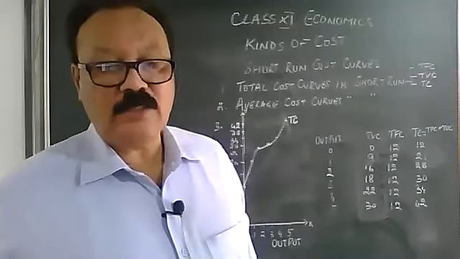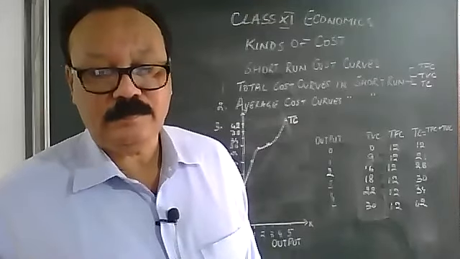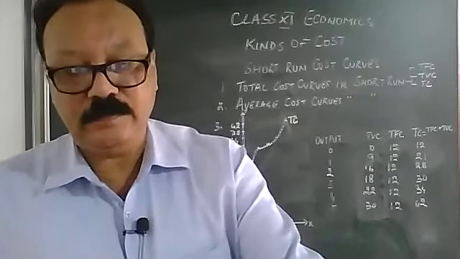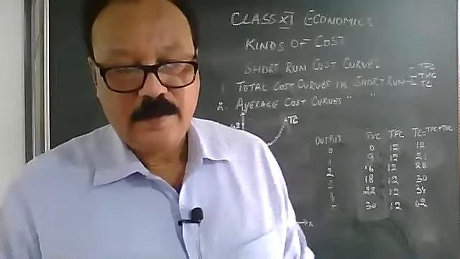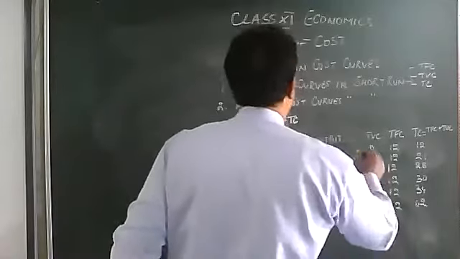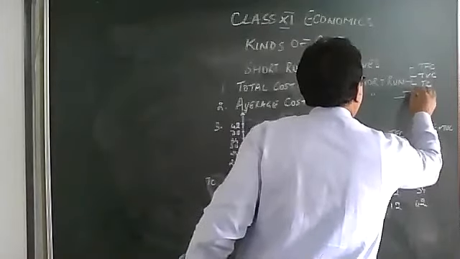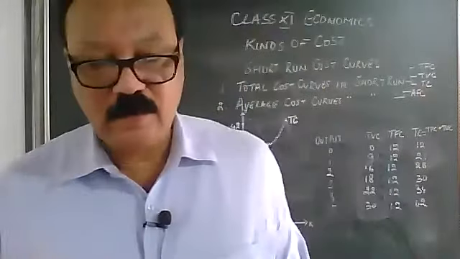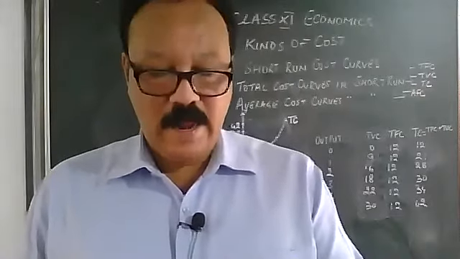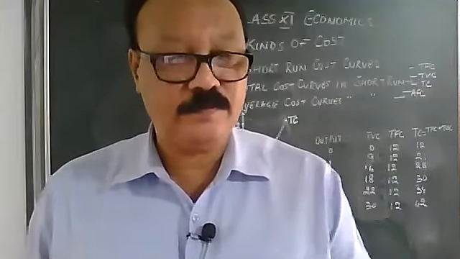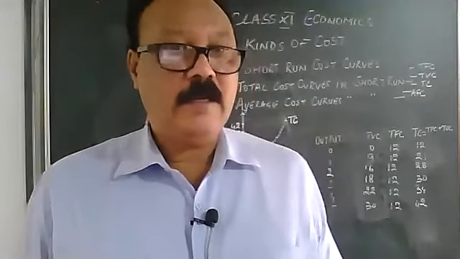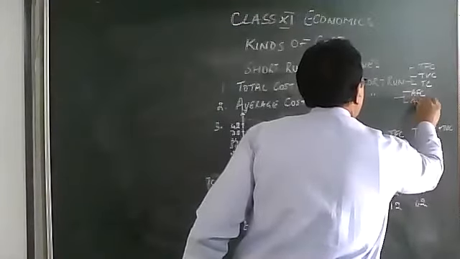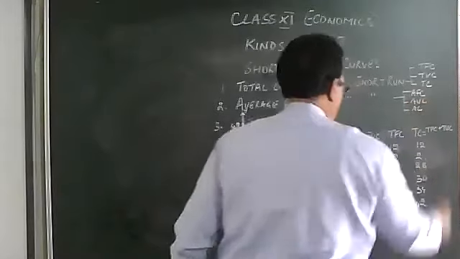The main short run averages are AFC, that is average fixed cost; second, average variable cost; and third, average cost.